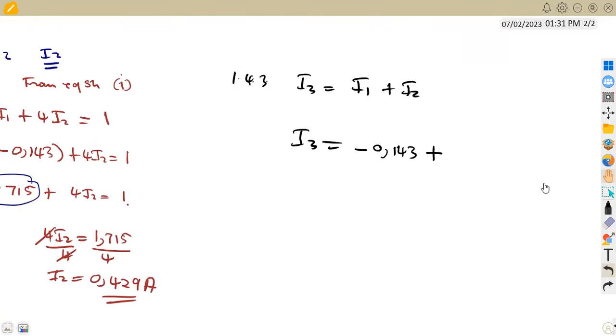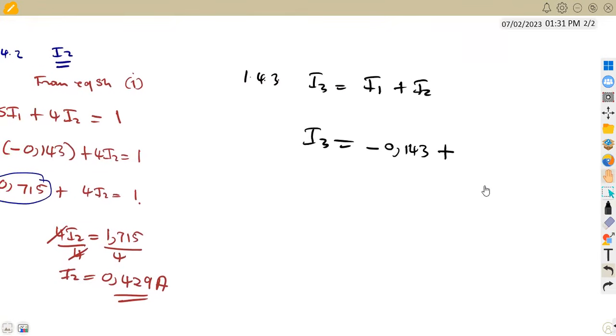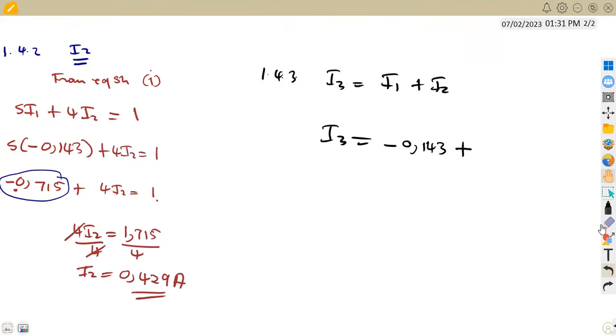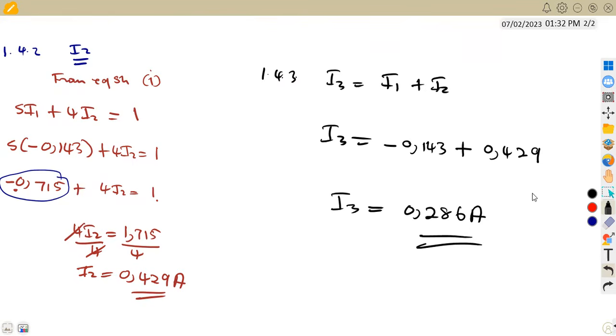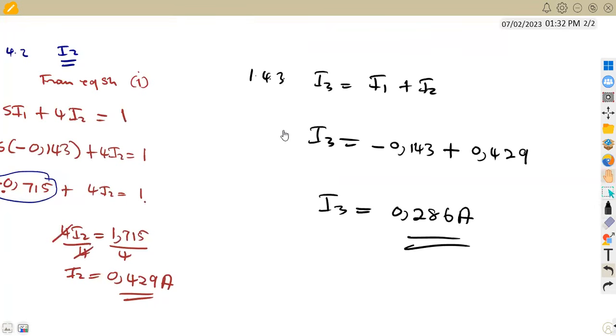From these calculations that we made here, we calculated our I2 here. We got 0.429 amps. All right, so if we add everything, therefore, we are going to have the total for I3, which is going to be 0.286 amps.